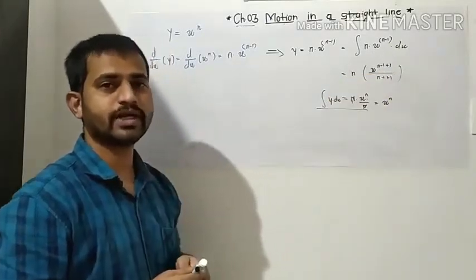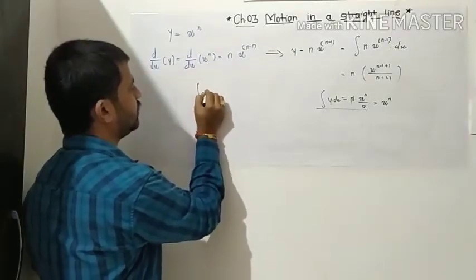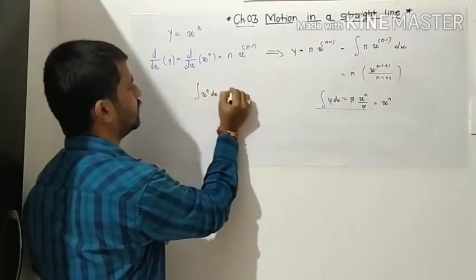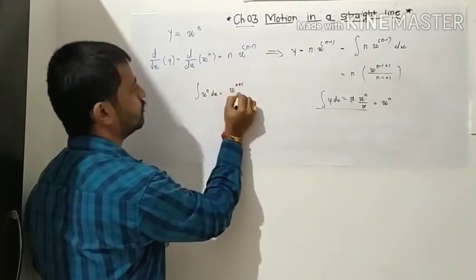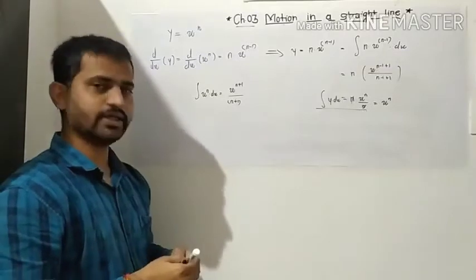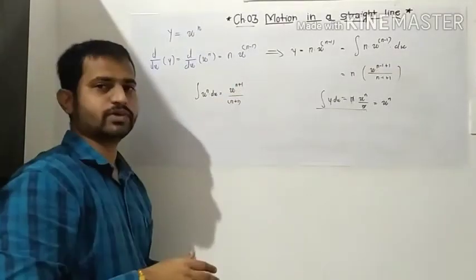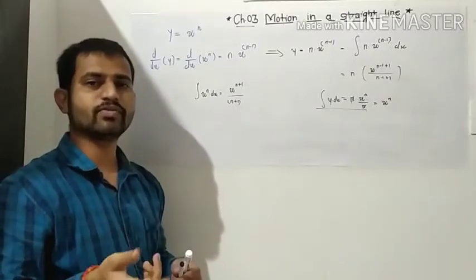So what is the rule of integration here is, if we have to take the integration of x raised to n dx, then it will be x raised to n plus 1 upon n plus 1. So like this there are some rules for the integration.